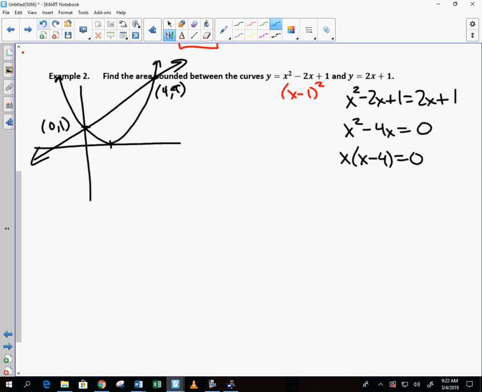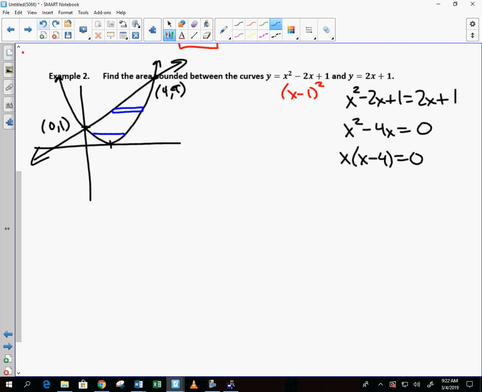Here's the challenge that if we draw it the other way, and this is what we're going to do tomorrow, instead of top minus bottom, it becomes right minus left. So which one's on the right? The parabola, right? And which one's on the left? The line.